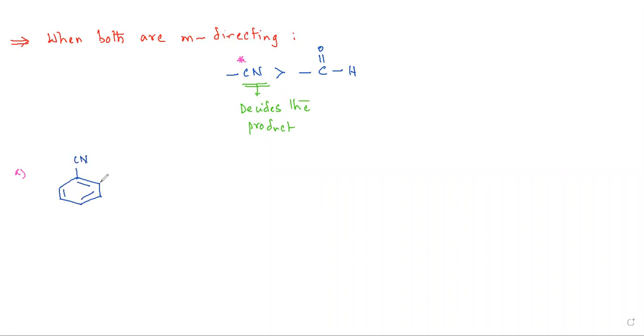Let us take the two at ortho to each other. Now, the thing is, cyano is going to decide what the product is. Nitration. For cyano, this is a meta and this is a meta, isn't it?